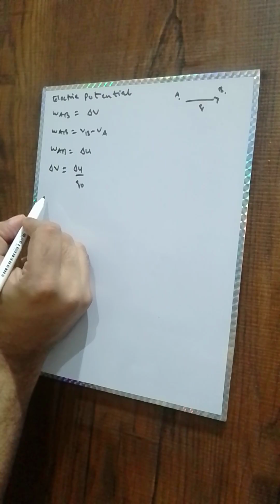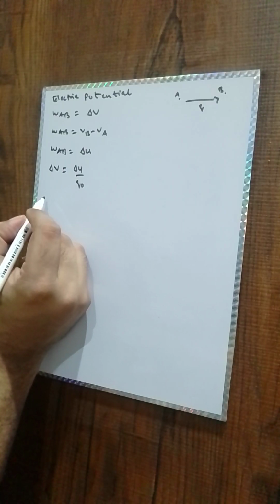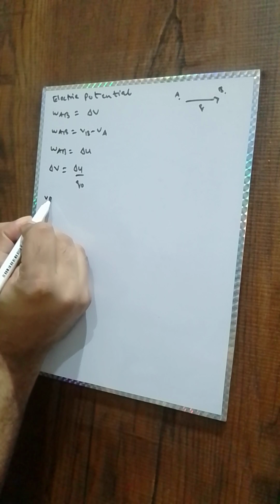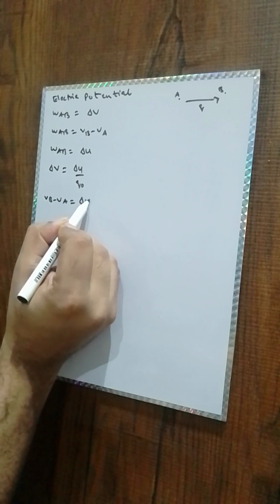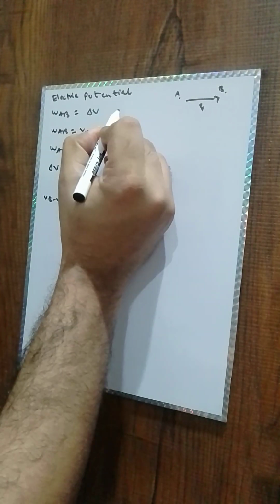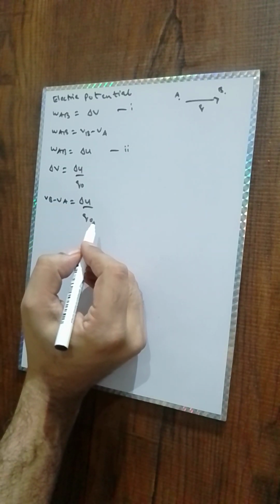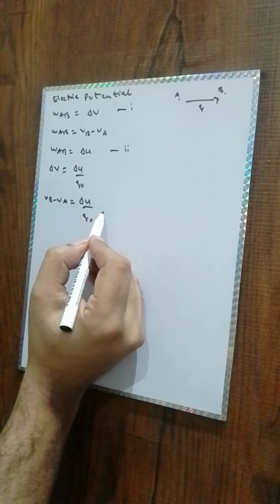So what we have is VB minus VA is equal to delta U by Q naught. We start from here, we use this, and we get to this one.